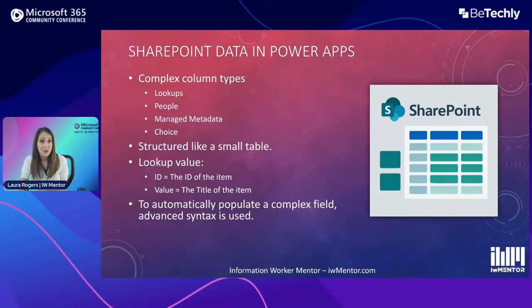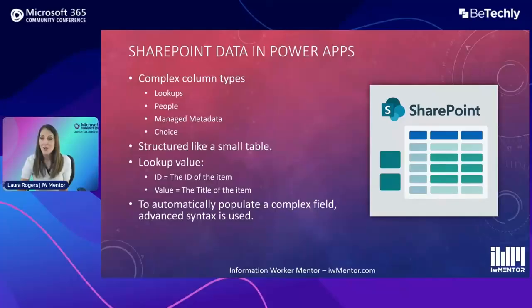So we're going to go into these complex column types and look at how they're structured. We'll talk about how to do things like a cascading dropdown, pre-populating a people picker, even getting the logged-in user's manager and filling out forms to have things pre-populated, maybe for an approval process where you'd want your manager's name to automatically populate. So we'll really dig into all that advanced functionality.